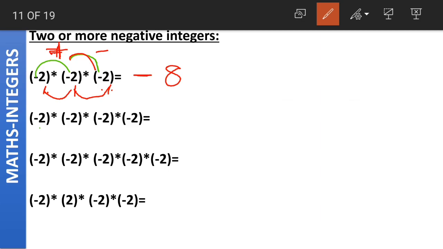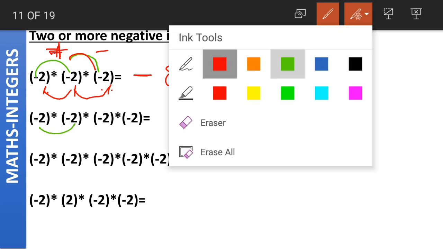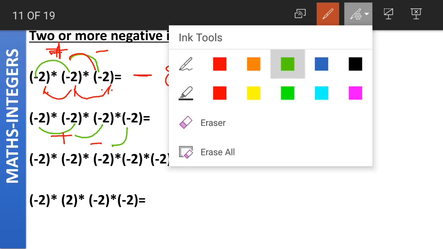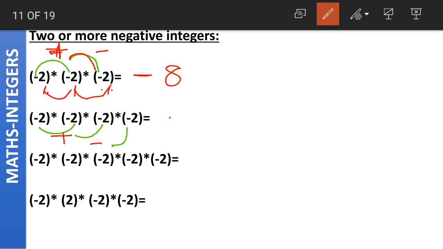Coming to the second one, again minus into minus gives us plus. Now this plus into minus gives us minus, as both the signs are different. And this minus into minus, both the signs are same, so the final answer will be positive.